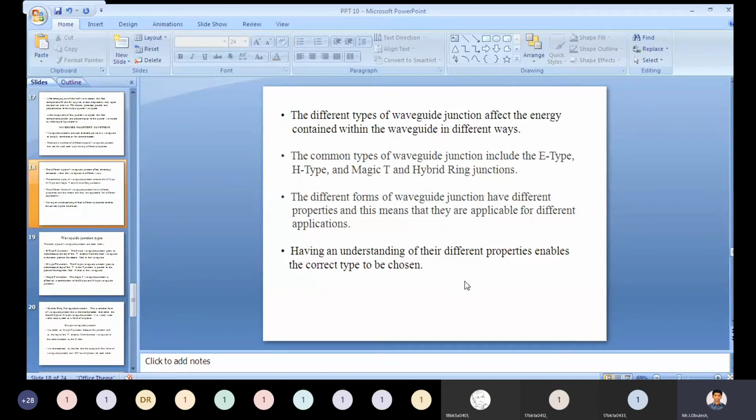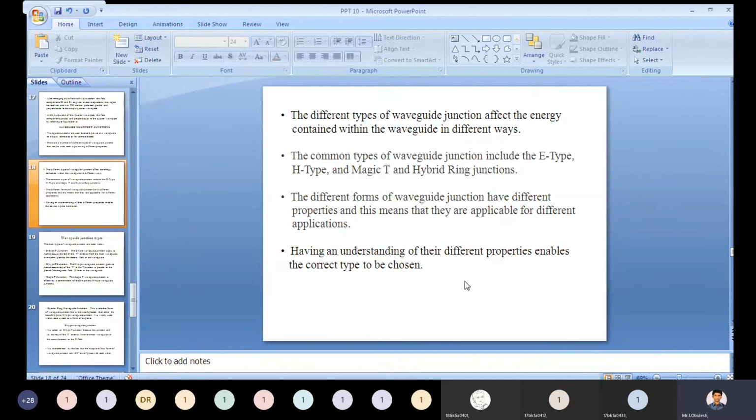Among these, E-type, H-type and magic T are very important. After that, we need to discuss the hybrid ring junction also. These different forms of waveguide junctions have different properties, and this means that they are applicable for different applications.